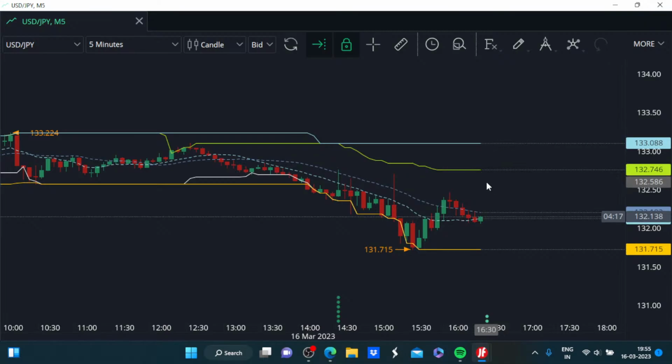So if we have to short the USD JPY, I would say that if for the next hour or two, the USD JPY holds around this 132 level and doesn't rise much beyond 132.5, then we can indeed look to initiate the short sell trade as and when things start to look bearish again. So this current level around 132 is going to be the key level to watch out for.